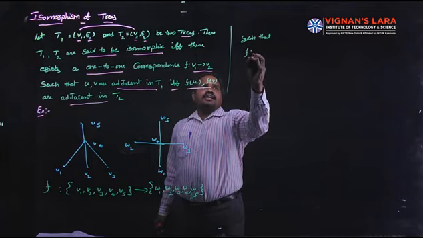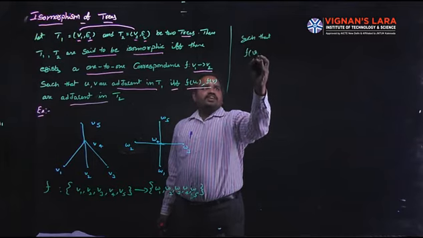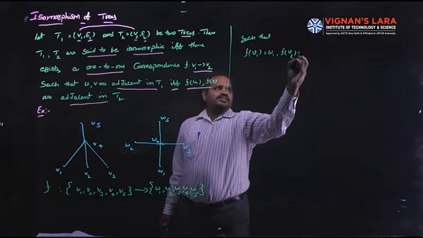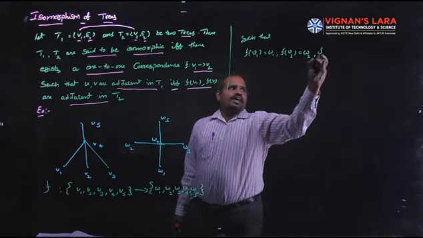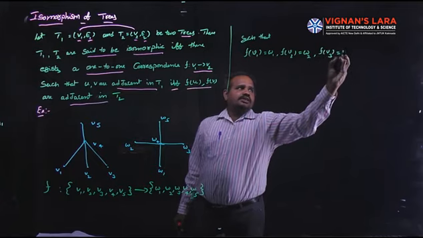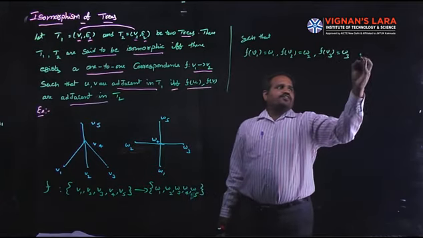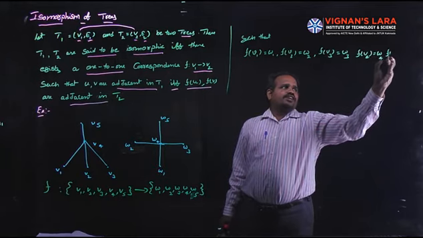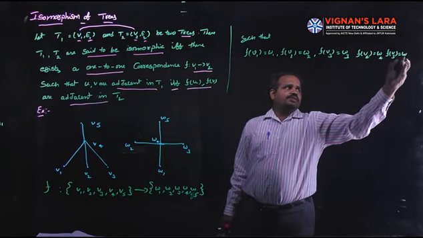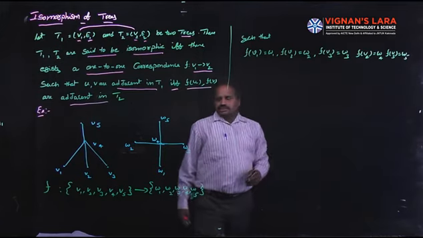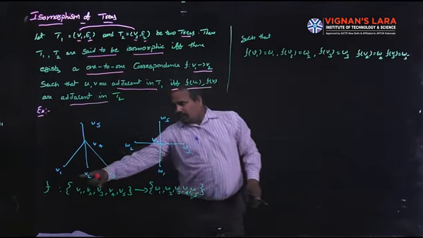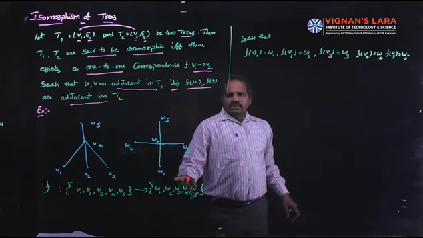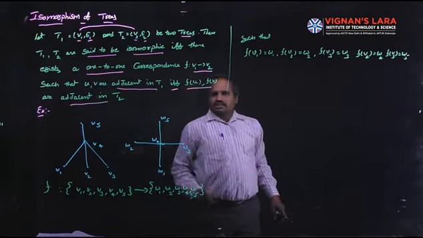F of V1 is equal to W1, F of V2 is equal to W2, F of V3 is equal to W3, F of V4 is equal to W4, F of V5 is equal to W5. If you observe clearly, V1 having degree 1 and W1 having degree 1, so I mapped these.